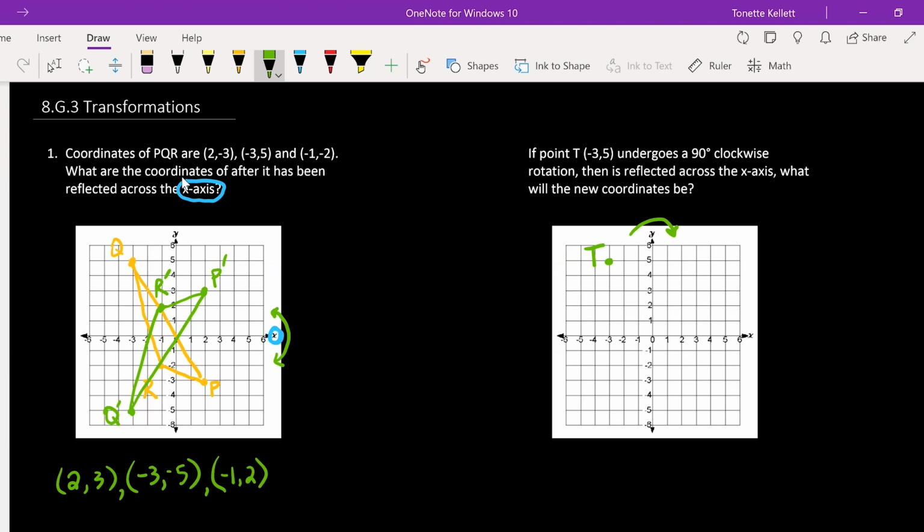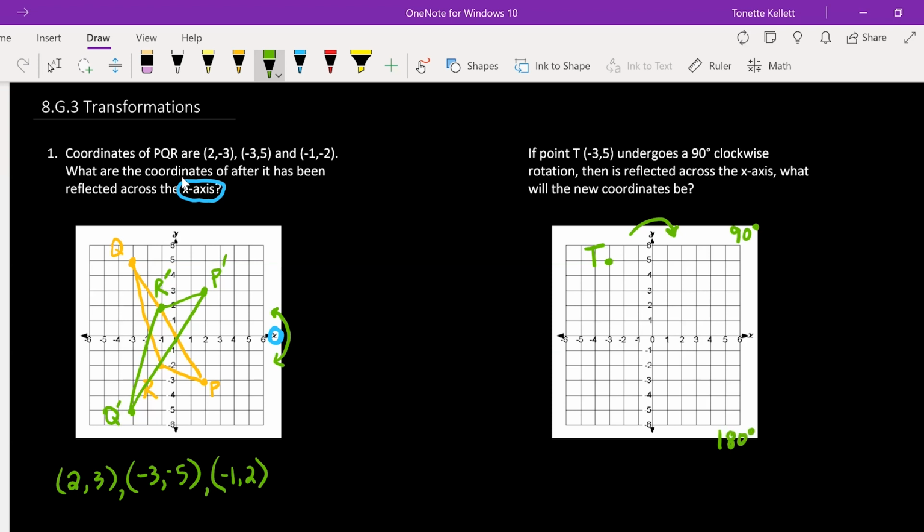Now, a rotation, each rotation is 90 degrees. So if I move it from where it is right now to the right one, that's 90 degrees. 180 degrees would be 2 turns. So 180 would be down here.